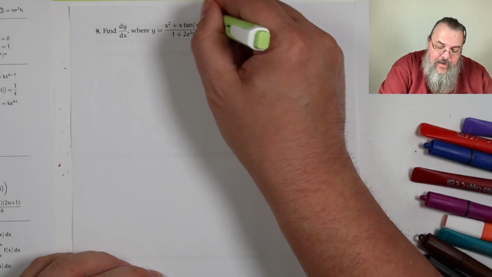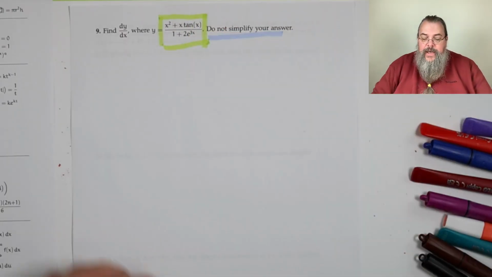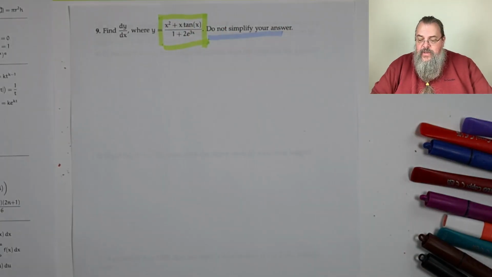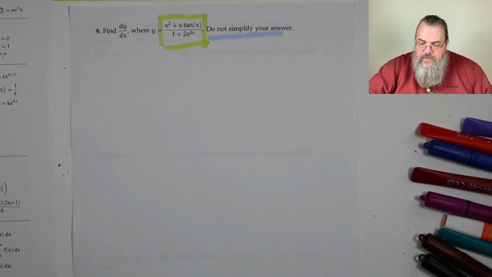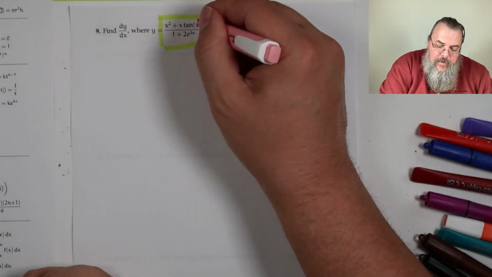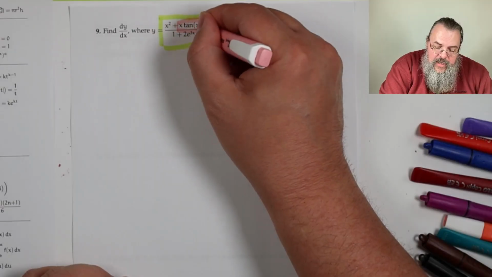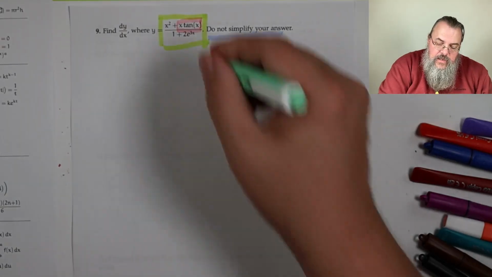And I say, okay, so what's the outermost thing? The outermost thing is the quotient. So I say, okay, I'm going to start by applying the quotient rule first. And then as I move in, I have, as my layers, the x tangent x, and I also have this 2e to the 3x.